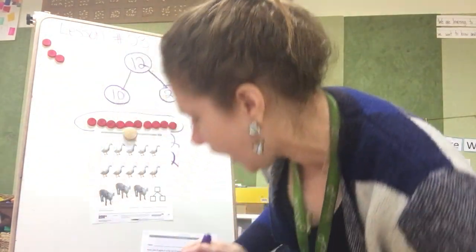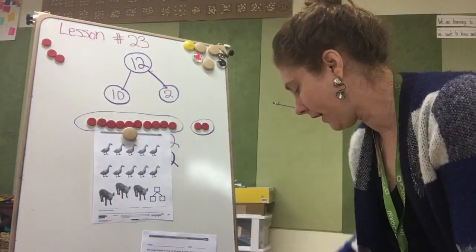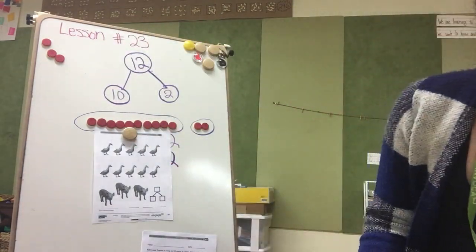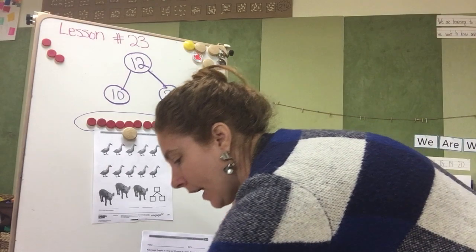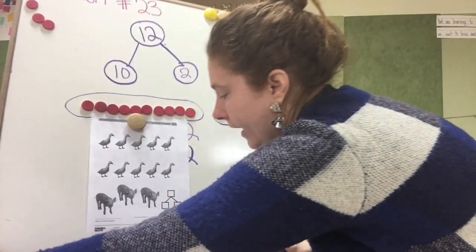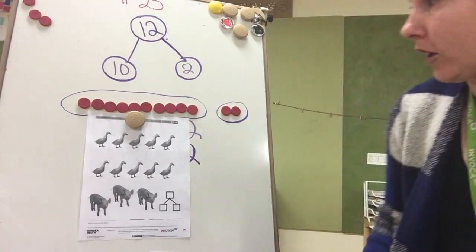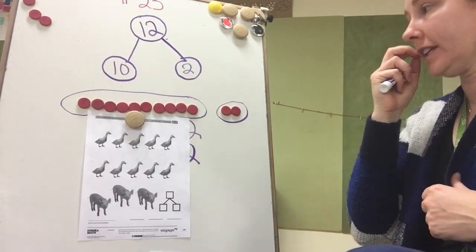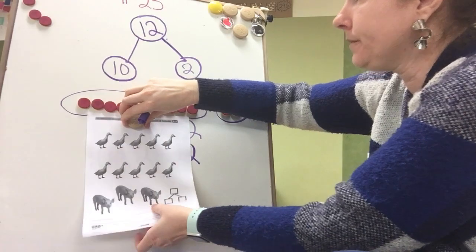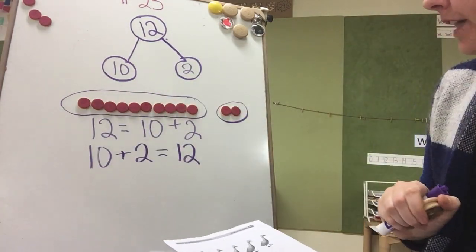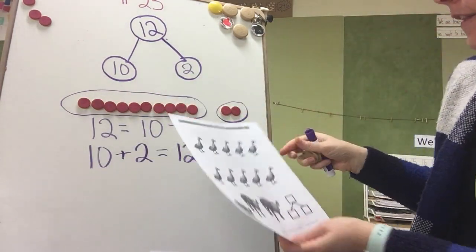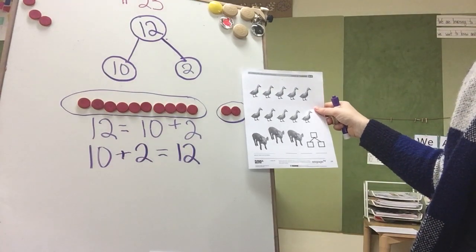You might notice on the paper that there is a number bond already drawn for you and some little dashed lines there. And that's for our math equation, just like we did underneath our red dots. So think for a minute. These are actually parallel information.